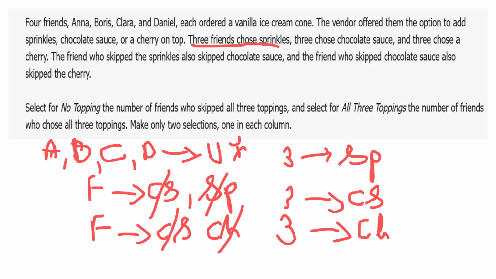Again, as I already told you, this is a two-part question. The first part is no topping, the number of friends who skipped all three toppings. And the second part is, for all three toppings, the number of friends who chose all three toppings. So there are two questions, hence it's called a two-part question.